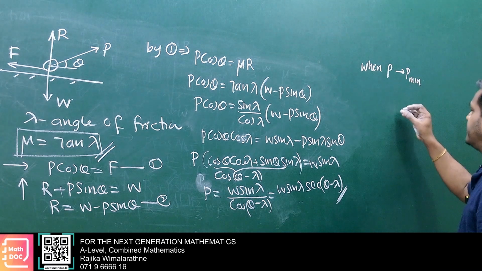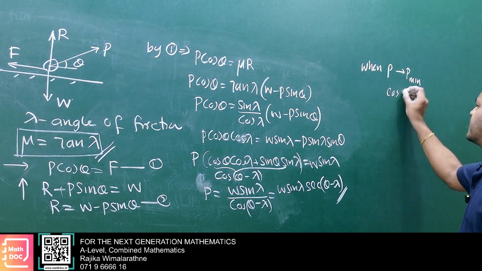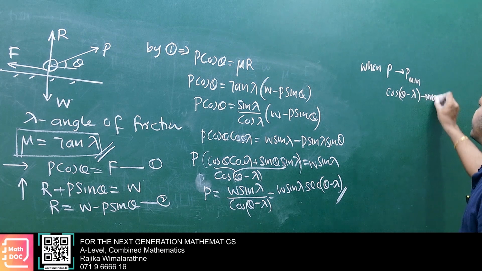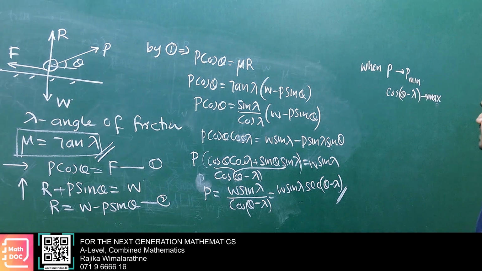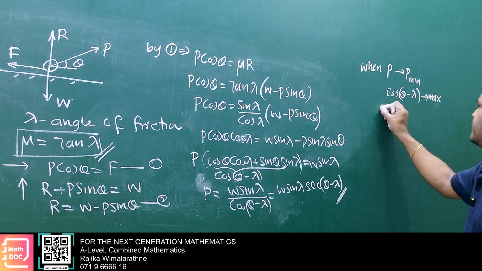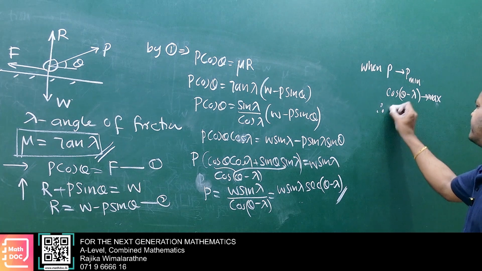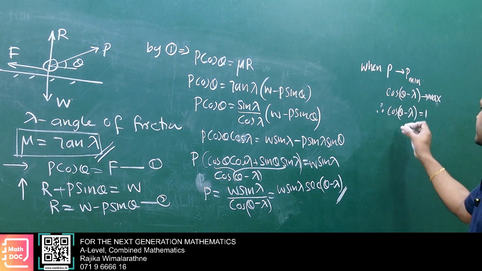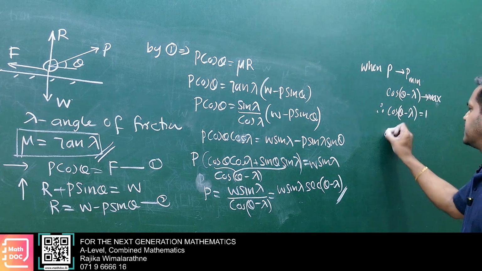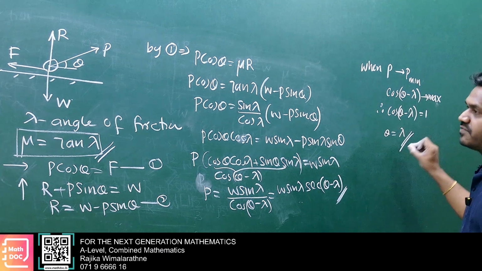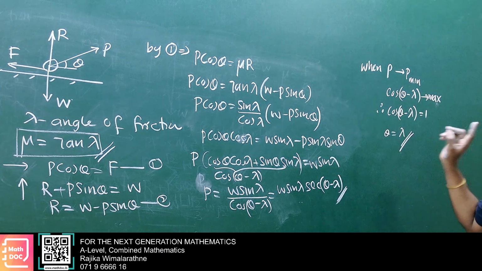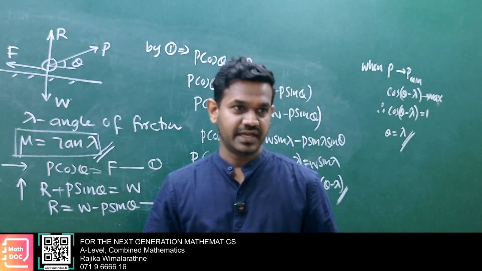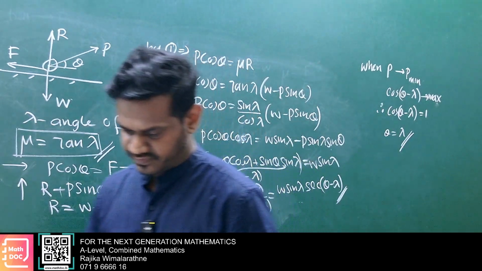Therefore, for P minimum, cos(theta minus lambda) must be maximum. The maximum value is 1, so cos(theta minus lambda) is 1. That happens when theta minus lambda is 0, so theta equals lambda. When theta equals lambda, we get the minimum P value.